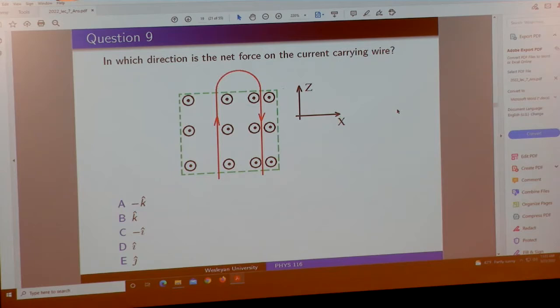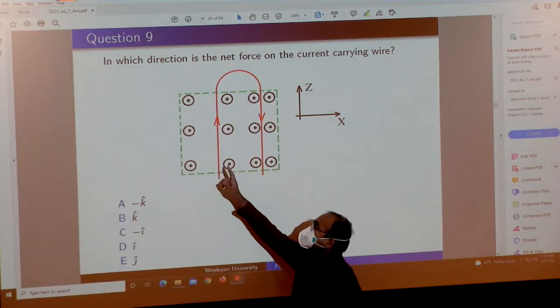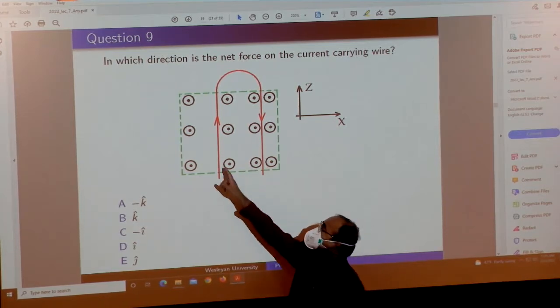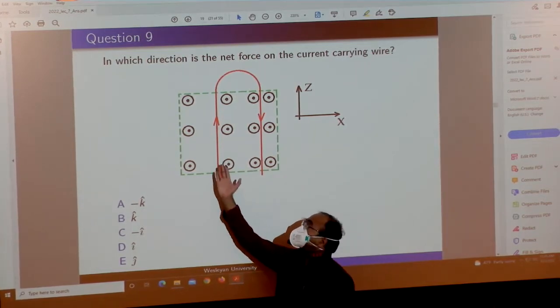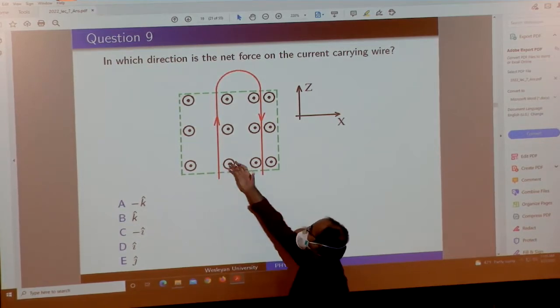And what about this? So here the B field is only inside the green square. People narrow down to C or D. So let's just check. There are two bits of the wire inside the magnetic field that will feel force. For this segment of wire, I would do IL cross B, and the force would be in the positive x direction.